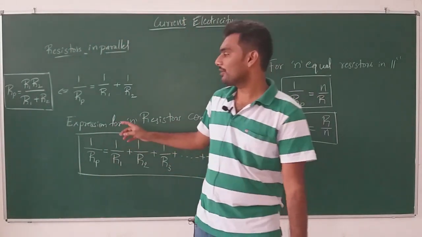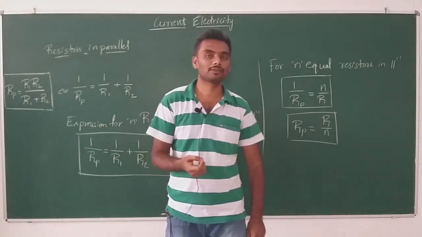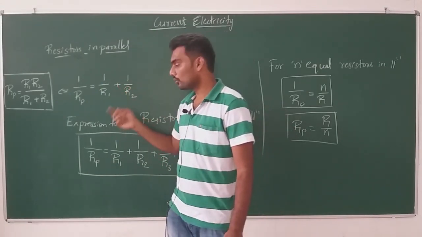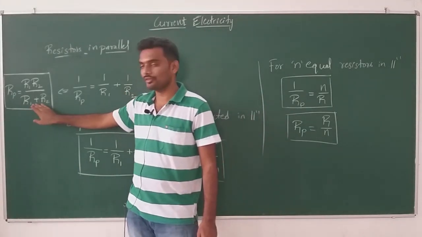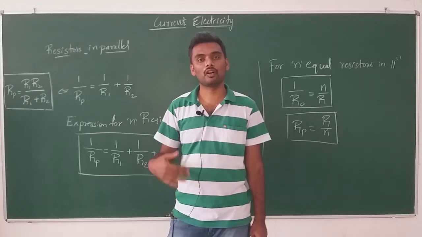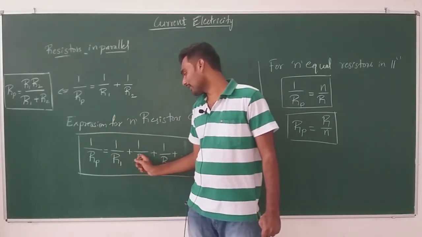And when you go for numerical problems, if you have only two resistors given in parallel, then you can directly make use of this formula. Okay. But if you have more than two, like 3 or 4 resistors connected in parallel, you should always go with this kind of formula.